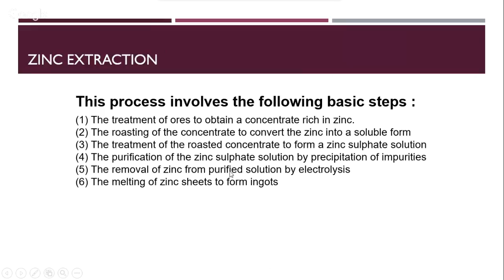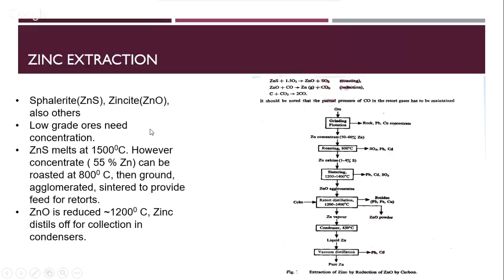Finally, zinc is removed from the zinc sulfate solution by electrolysis, and then the molten zinc is converted into sheets or ingots. Okay, so that's the method. As your textbook mentions, low grades of ores need concentration. ZnS generally melts at 1500 degrees Celsius, and we reduce ZnO, which is then distilled off and cooled further.